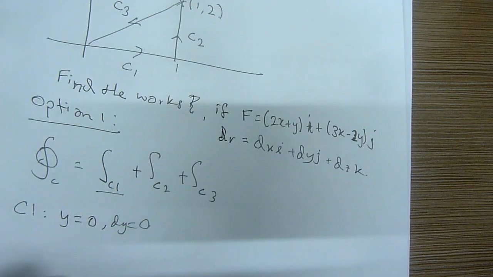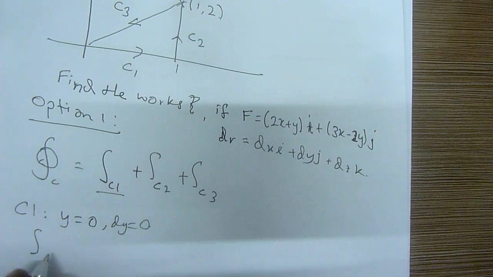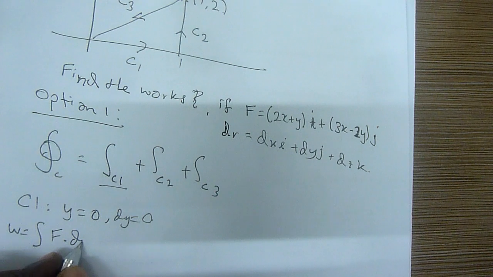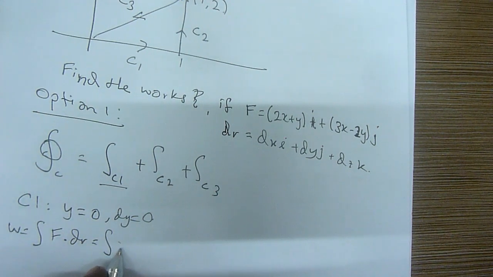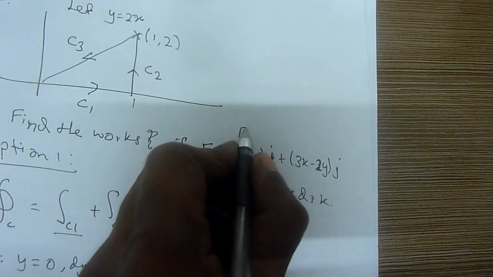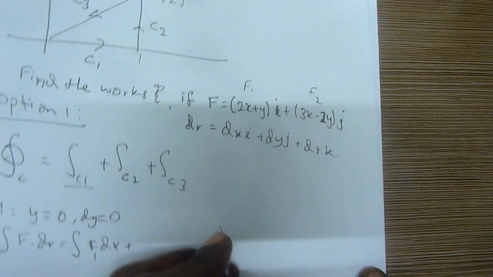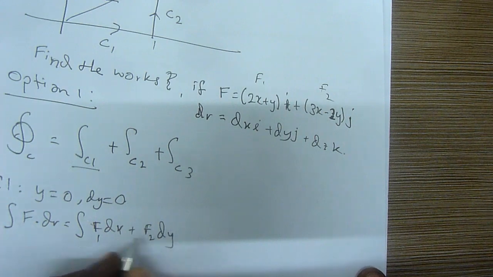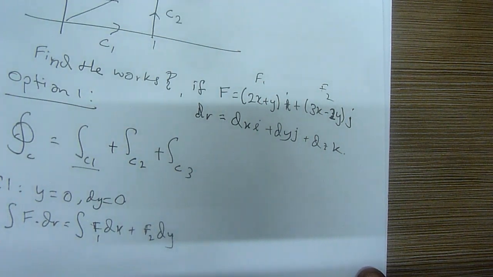When we multiply with this, in order to get work, which is F dot dr, we get f1 dx plus f2 dy, and plus f3 dz if there is f3.